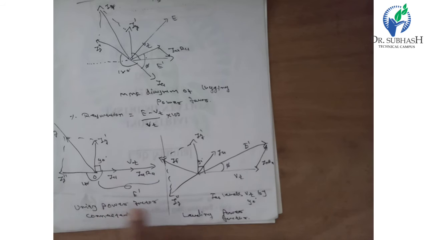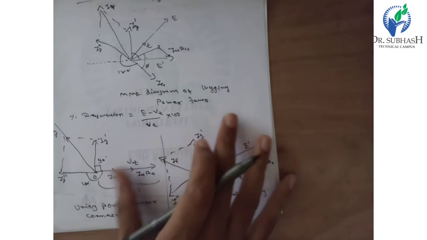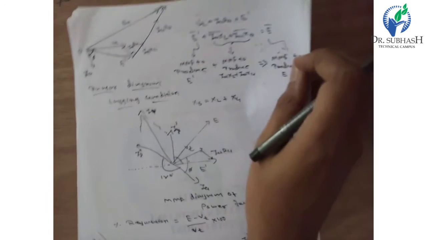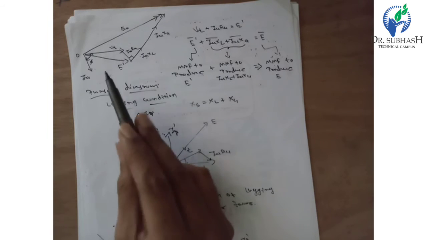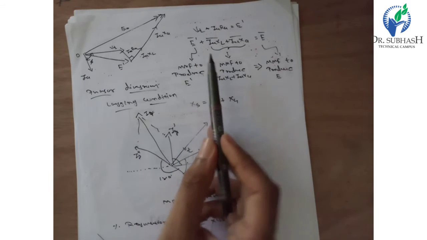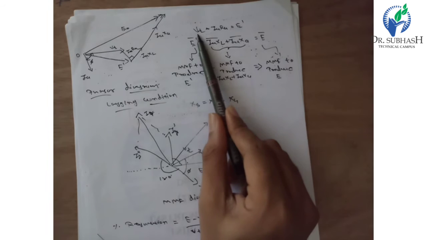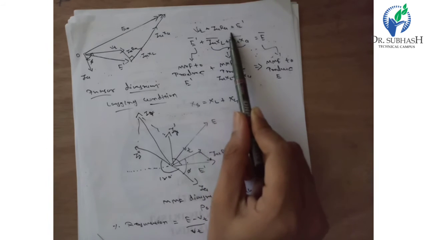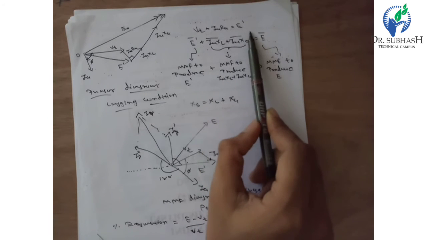Both these diagrams are very important for the explanation of the unity power factor and leading power factor connection. This diagram represents the leading power factor, and this equation is terminal voltage Vt plus Ia into Ra is equal to E dash.